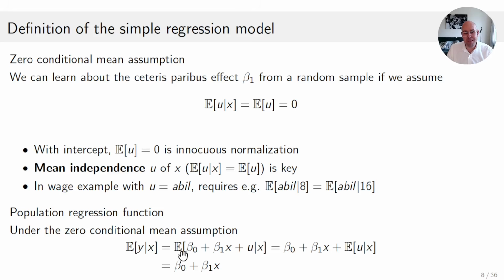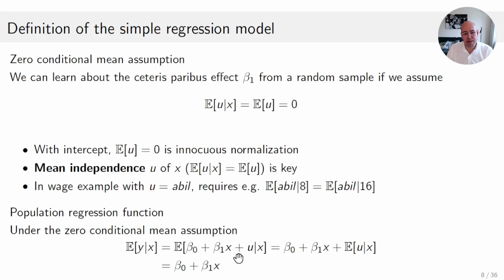And then we have the conditional expectation of a sum, which is the sum of the conditional expectations. So beta naught is a constant. So the first element is equal to beta naught given x, and the second element, beta 1x given x, is beta 1x. So it's just this one here.